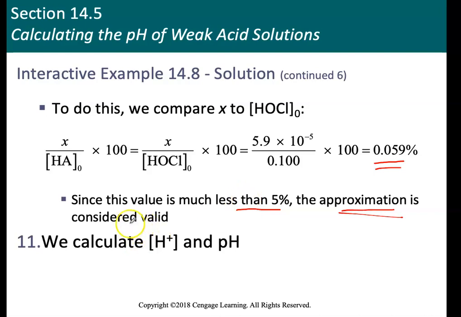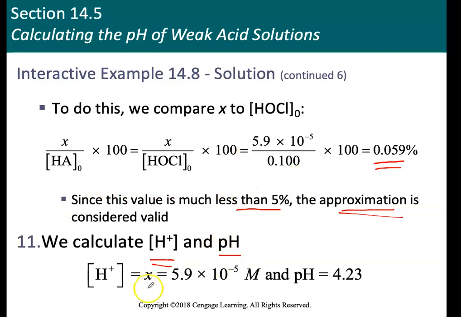So now we can do the calculation of the pH, right? We got the H plus concentration now, and then we can find the pH. H plus is 5.9 times 10 to the minus 5, and pH is minus log of this value, which is 4.3. So that solves that problem for a weak acid.